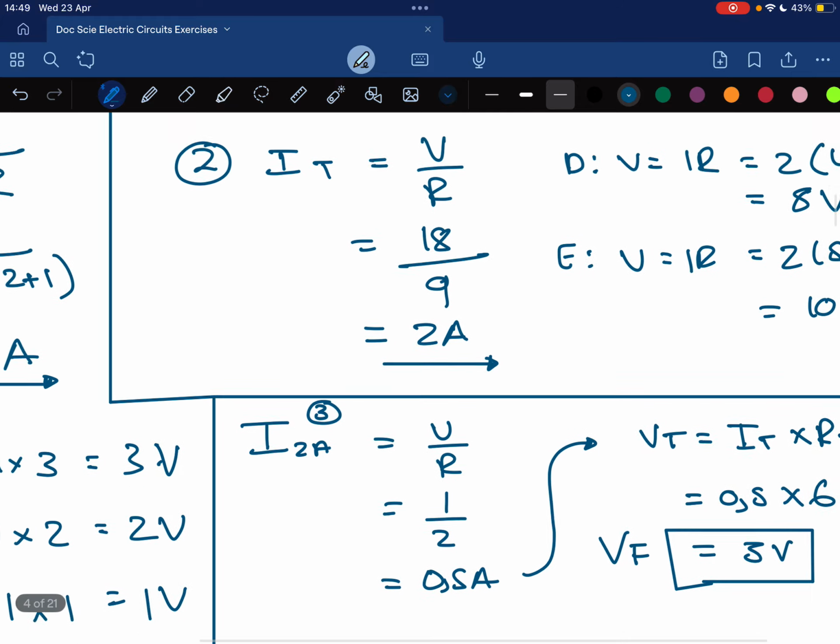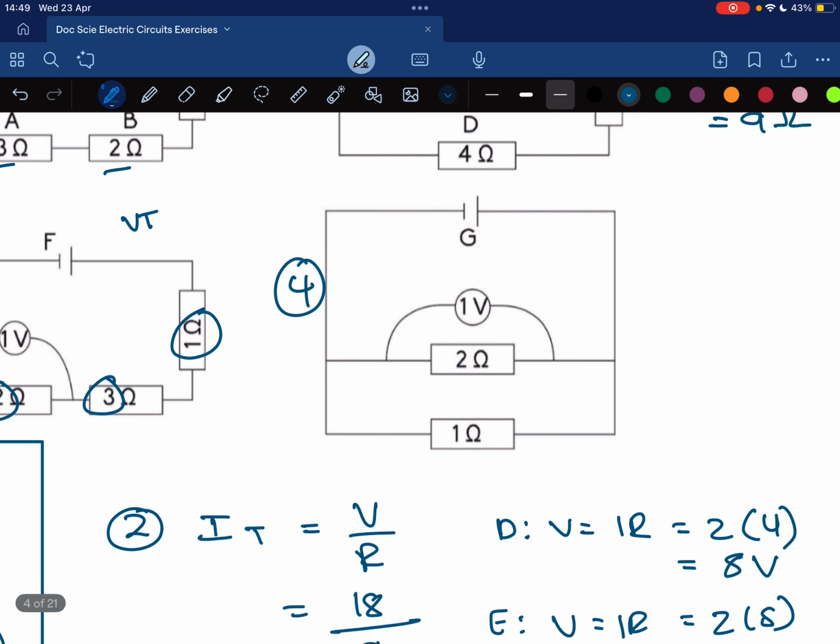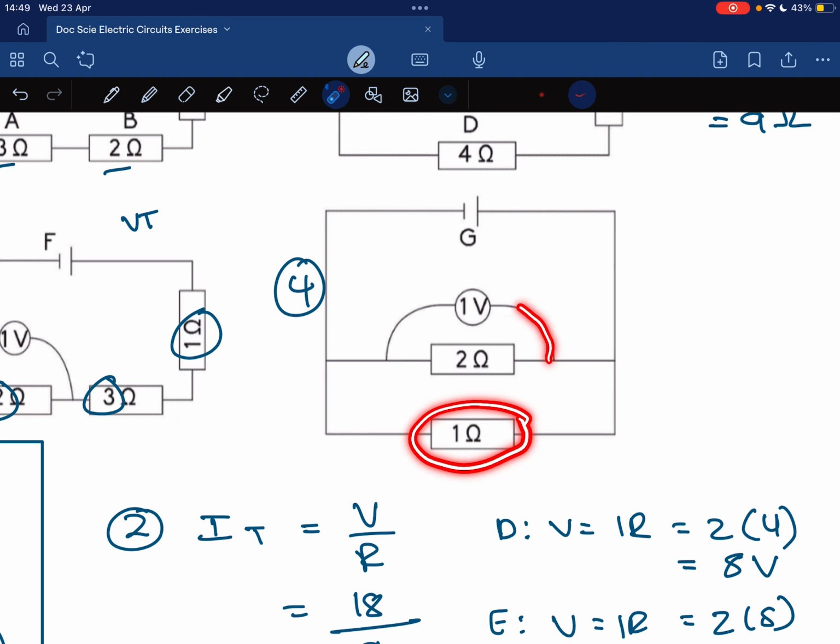Okay, now the next one, we're calculating G. I know that this is going through 1 volt. But I also know that the voltage going through this one is going to be the same, which is equal to the total voltage.